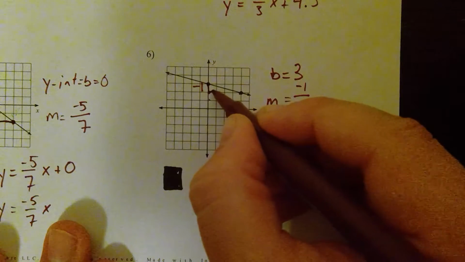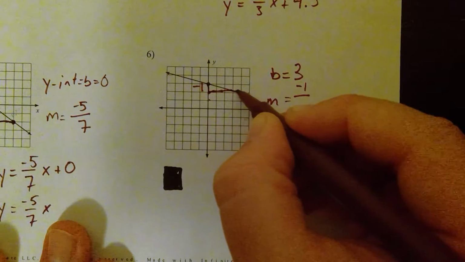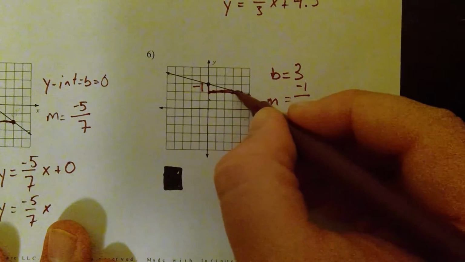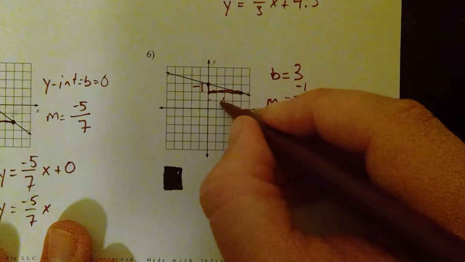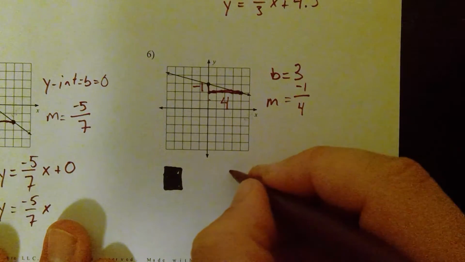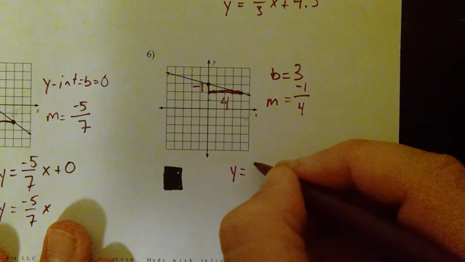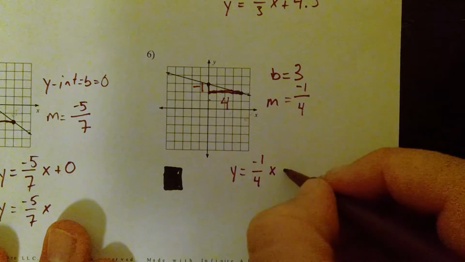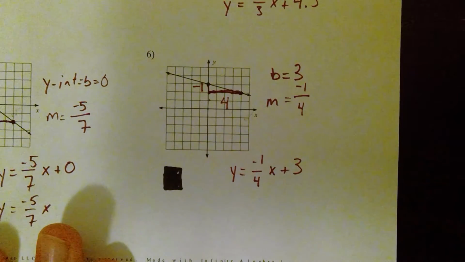Over, I go to the right 1, 2, 3, 4. That's a terrible line, Mr. Herman. 2, 3, 4. There we go. So that's going right 4. Okay. So then y equals, we said m is negative 1 over 4 x, and then b is 3.